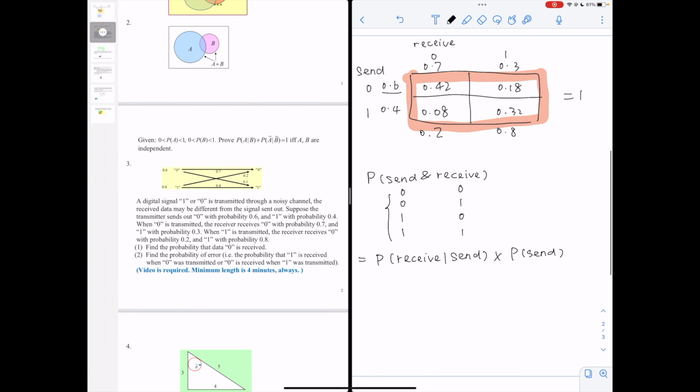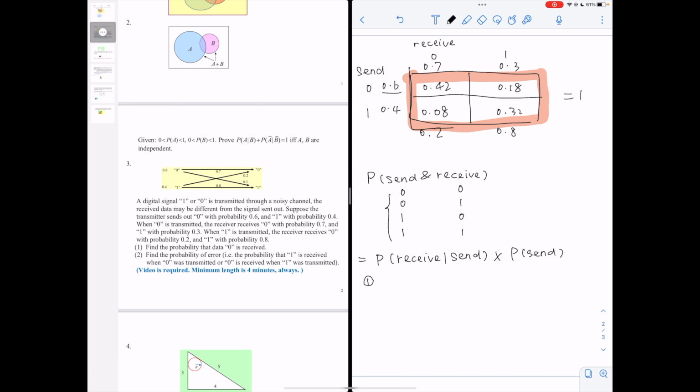So let's take a look at what the problem is asking us. The first question is to find the probability of the data 0 is received. And that could be a correctly received 0 or incorrectly received 0.